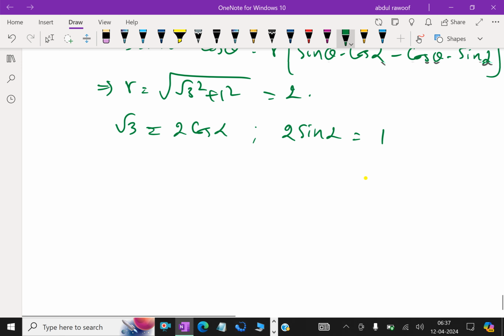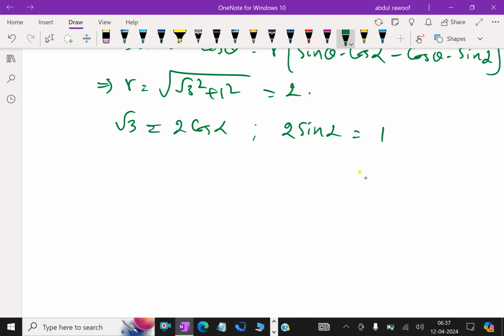Then from this, dividing both sides, sin alpha by cos alpha is tan alpha, which is 1 over root 3. We know that alpha equals tan inverse of 1 over root 3, which is equal to pi by 6.